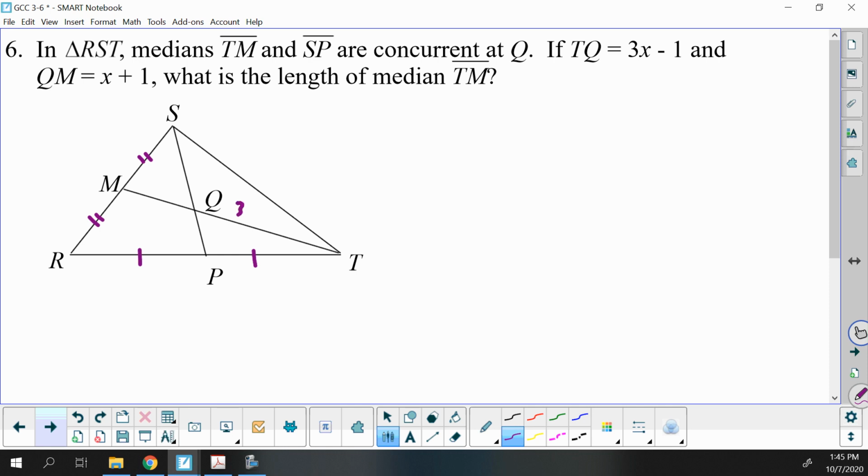Well, they tell us we have 3x minus 1 for TQ, and we have x plus 1 for QM. Well, if the long part is double the short part, that means we can double the short part and set it equal to the long part.